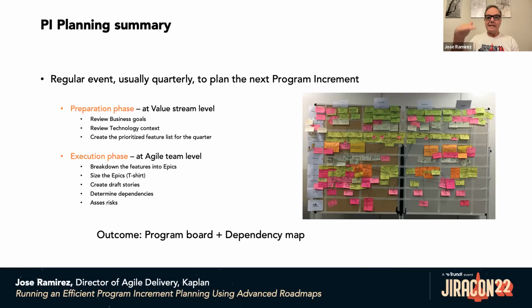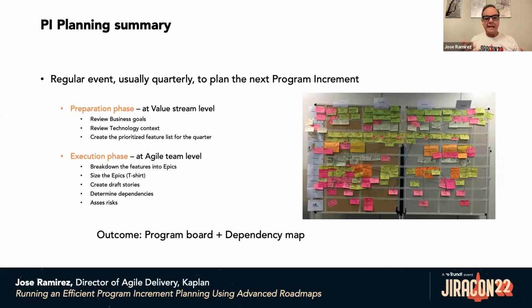The program increment is the next level of planning. The first level of planning is sprint-level planning, and then the program increment plans how all the teams aligned in a value stream create the new increment of the program associated with the value stream.